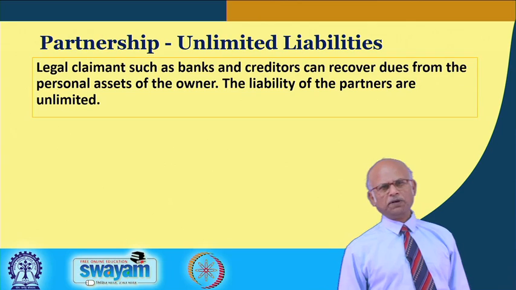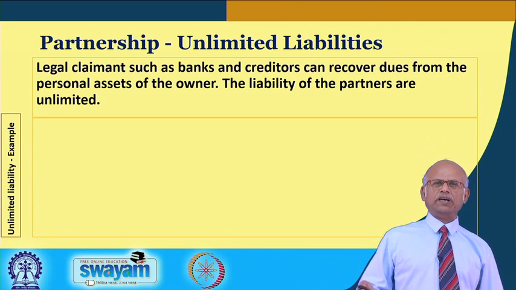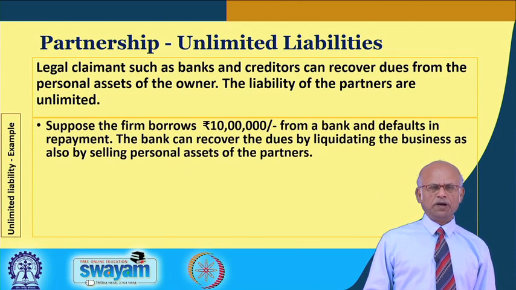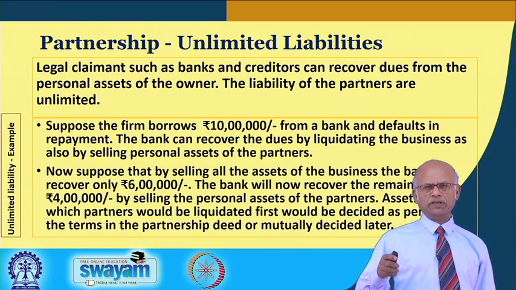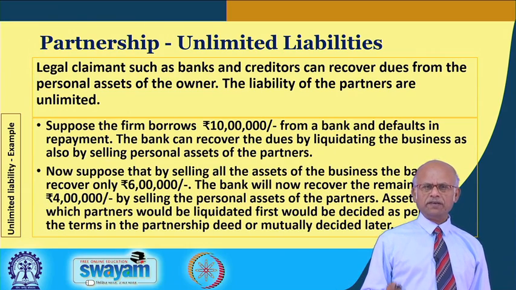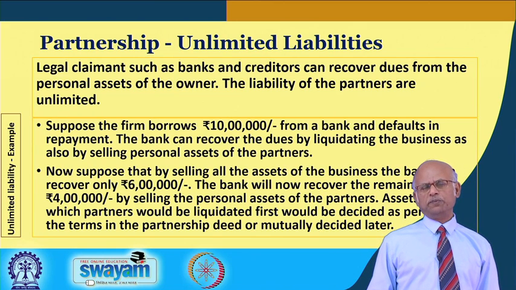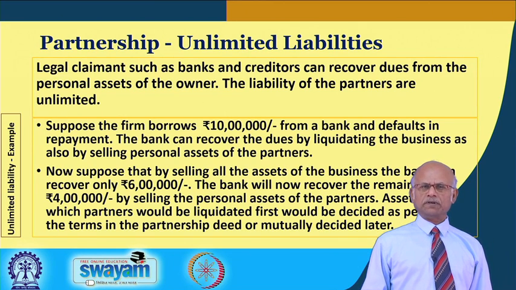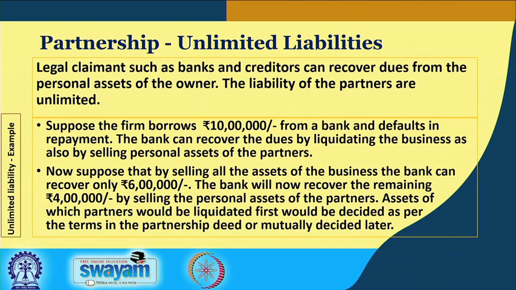Here is a small example about unlimited liabilities, which is a copy of what I showed in proprietorship. So, if the company owes 10 lakh rupees to the bank, suppose the liquidation value of the company is 6 lakh rupees, then the bank, after liquidating the company, recovering 6 lakh rupees, will try to lay their hands on individual partners' assets.